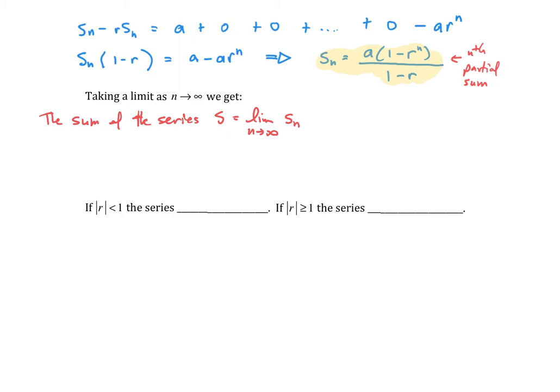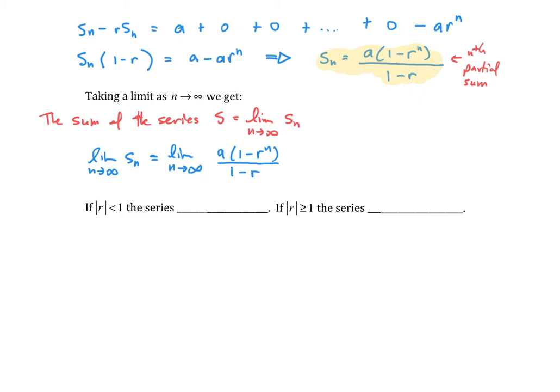So let's do that. The limit as n goes to infinity of Sn is going to be equal to the limit as n goes to infinity of A times 1 minus r to the n, divided by 1 minus r. We can really split this up into two series, right?